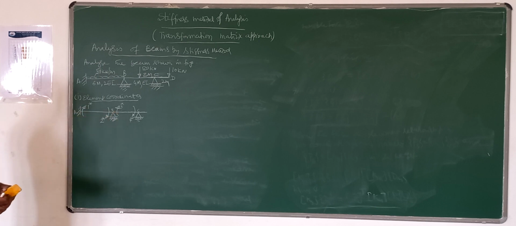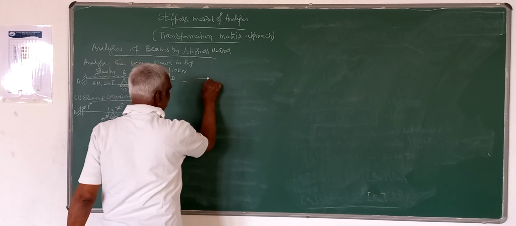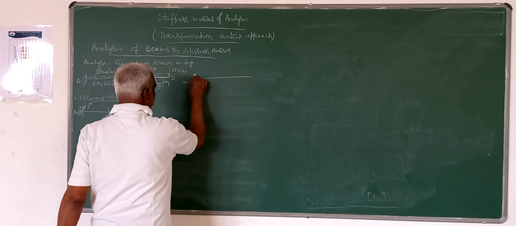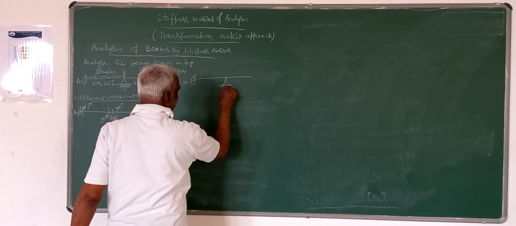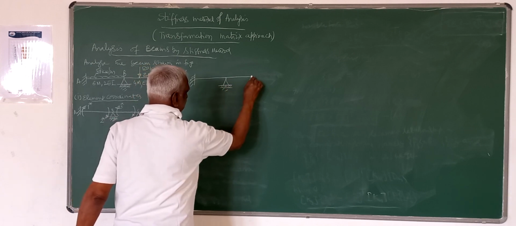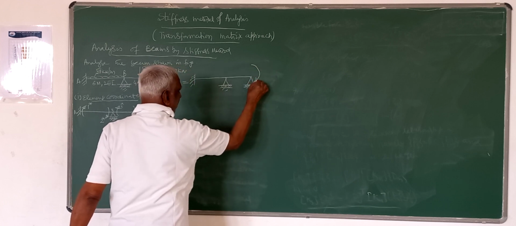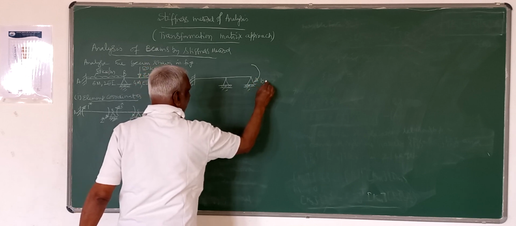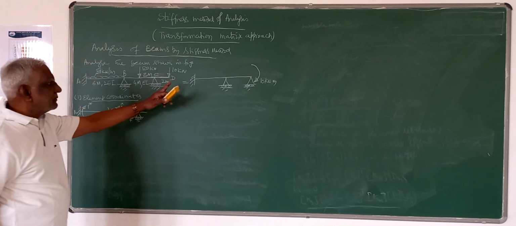In this given problem, whenever an overhang is given, you can remove it for analysis purposes, and whatever moment is created from that overhang portion is taken as a joint load like this.